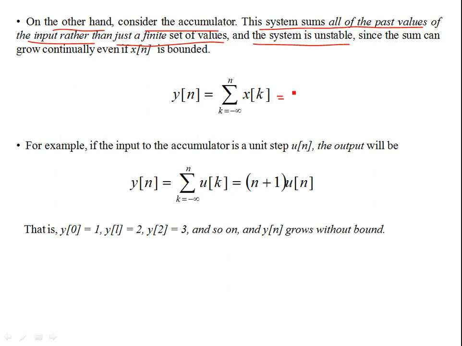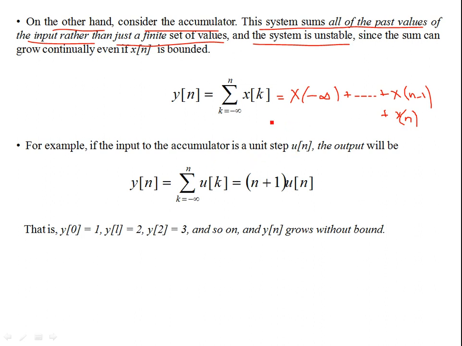What it's going to do is sum up all the samples from minus infinity all the way up to the present time instant n, plus it's going to sum up till n minus 1. Of course, the system will require some memory. It's not a memoryless system, so it has to have some information of all the past samples. For a digital system, it might store this in registers, whatever. But it's a system with memory.